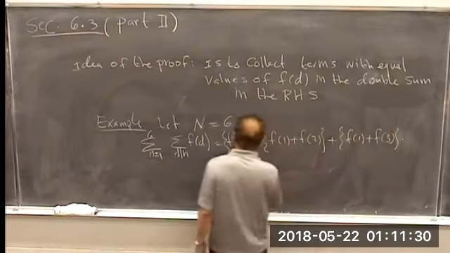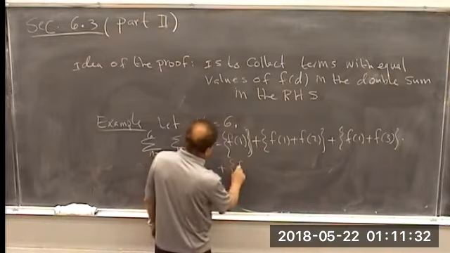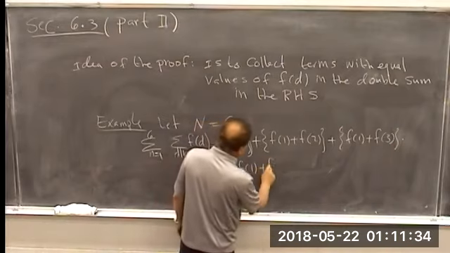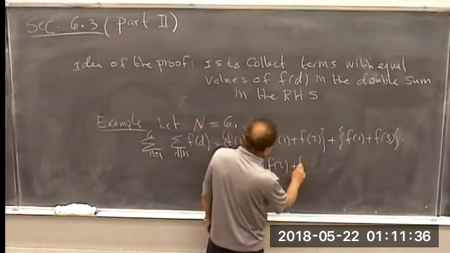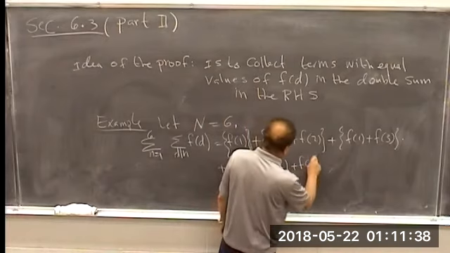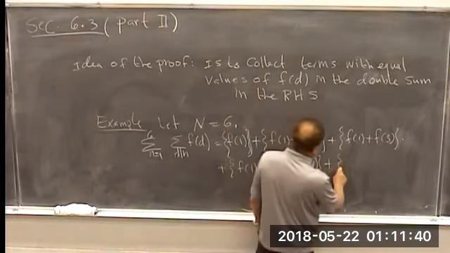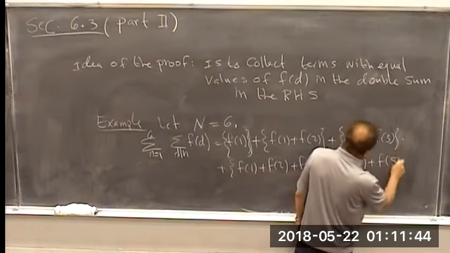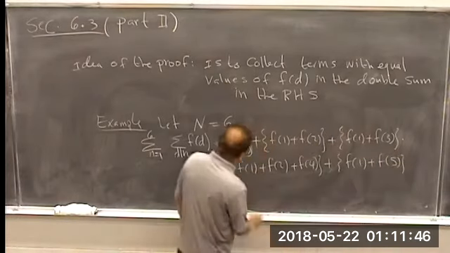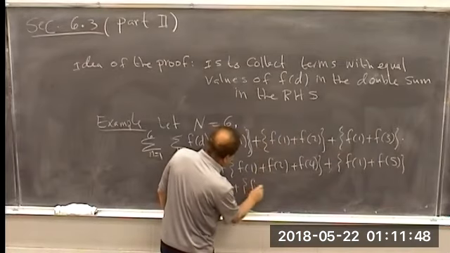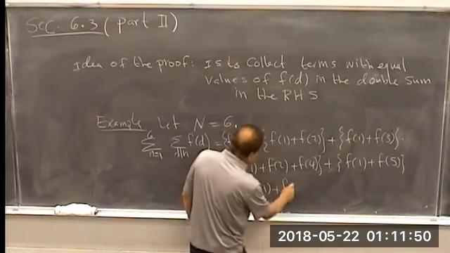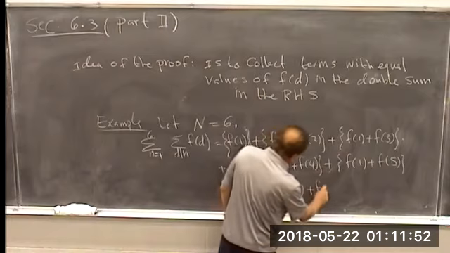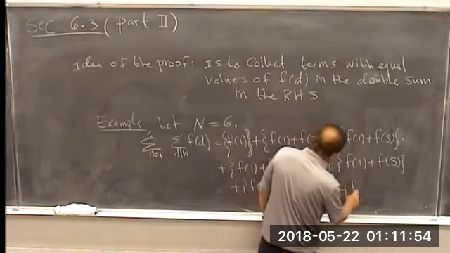Then for 4, we have f of 1, f of 2, plus f of 4. Then 5, two divisors, 1 and 5. Then 6, we have f of 1, f of 2, f of 3 and f of 6.